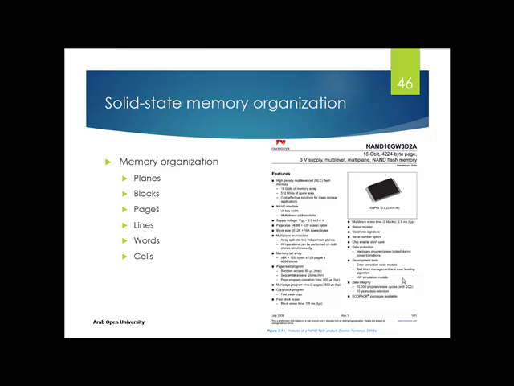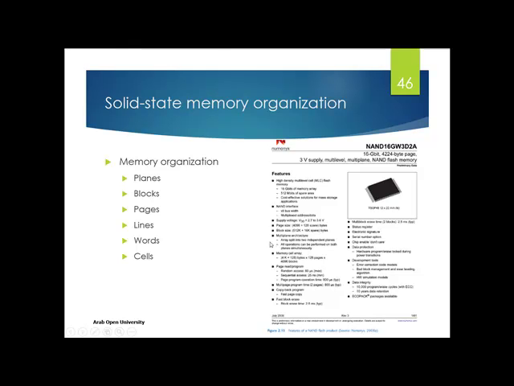The memory is organized in a certain structure. A memory might consist of a number of planes. Each plane consists of a number of blocks. Each block consists of a number of pages. Each page consists of a number of lines, and so a number of words and cells. You can have a look at this memory data sheet to see the different characteristics of this memory.